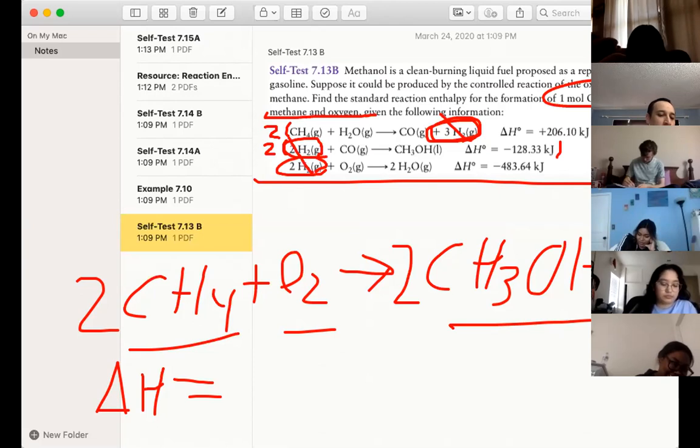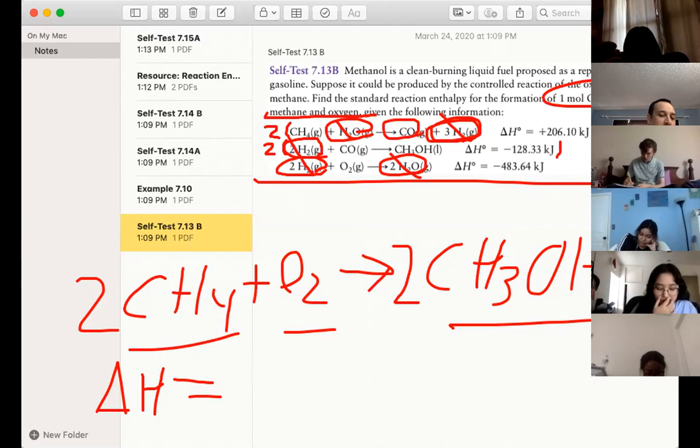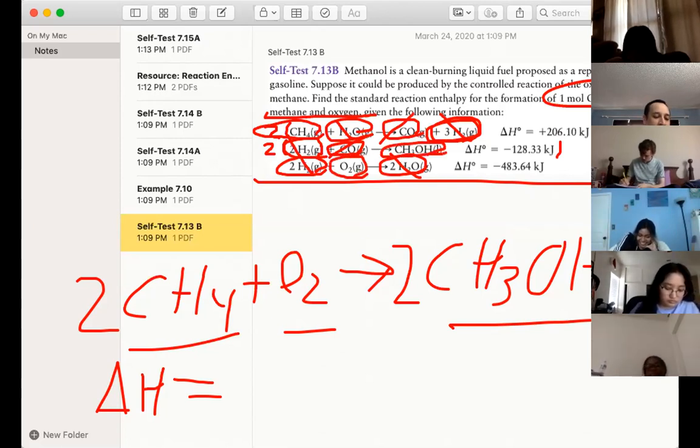Then you've got 2 waters here, so H2O times 2 outside the parentheses, and then you've got 2 waters here. Those are going to cancel. Then you've got 2 carbon monoxides here because you're multiplying CO by 2, and then here's 2 carbon monoxides also. Those cancel as well. So what do you get when all this is said and done? You do get 2 times CH4, 2 times methanol, and 1 times O2.